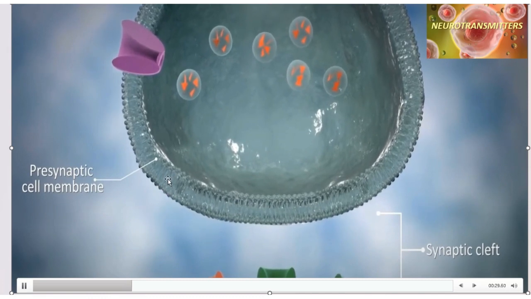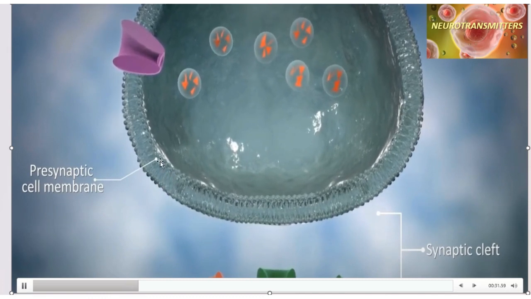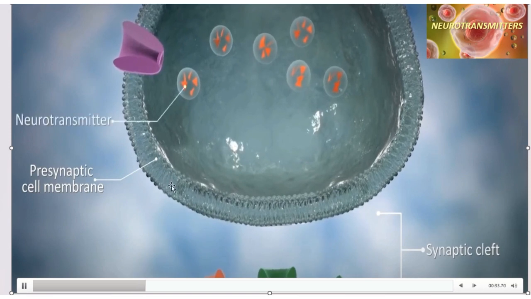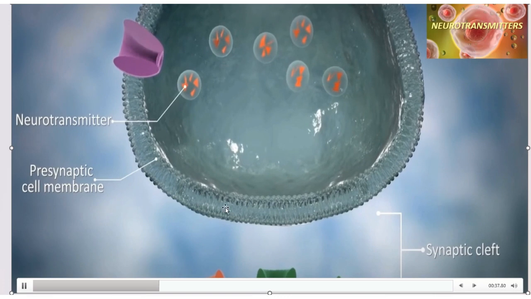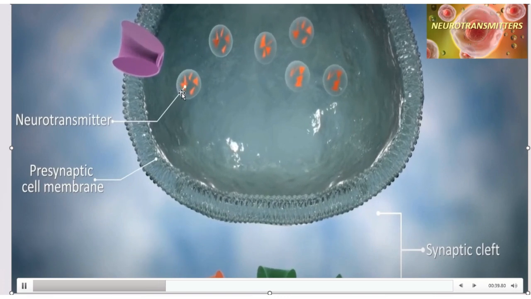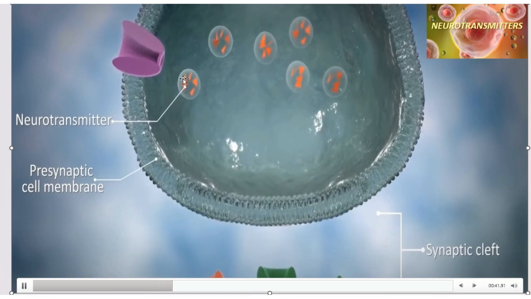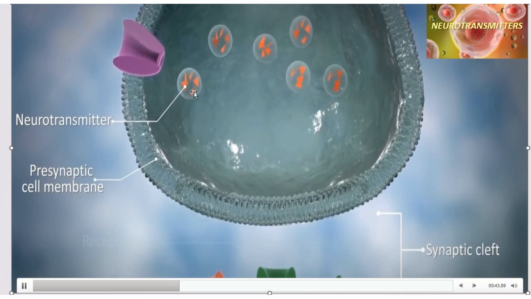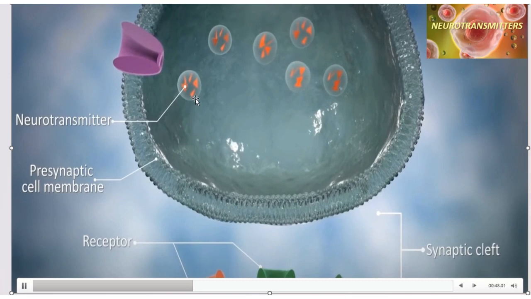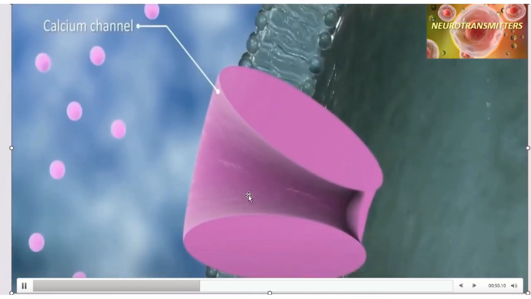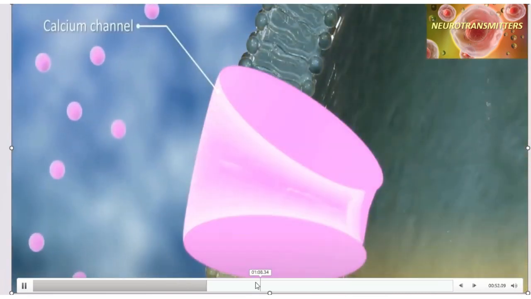This plasma membrane is called the presynaptic cell membrane, in the sense this is part of the presynaptic neuron. And this is the neurotransmitter. The neurotransmitters are present inside the neurotransmitter vesicle, and what you are seeing here is the calcium channel.